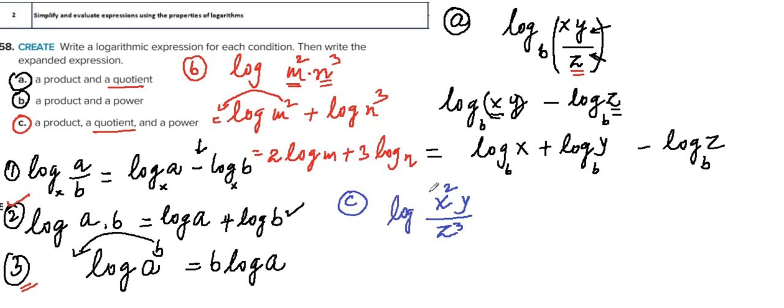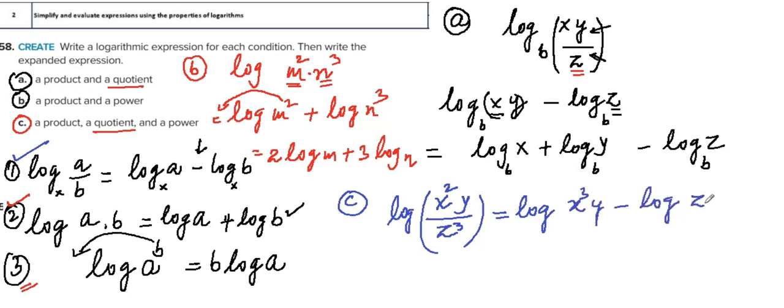So firstly I will apply log a over b. The first property I will apply: log numerator minus log denominator. I'm not writing the base, it can be anything here. If you want to write the base, it's your choice. If you don't want to write it, it's your choice.